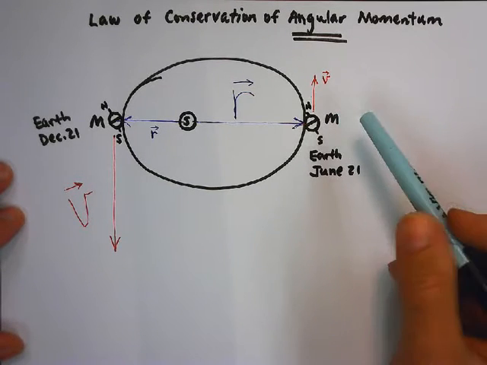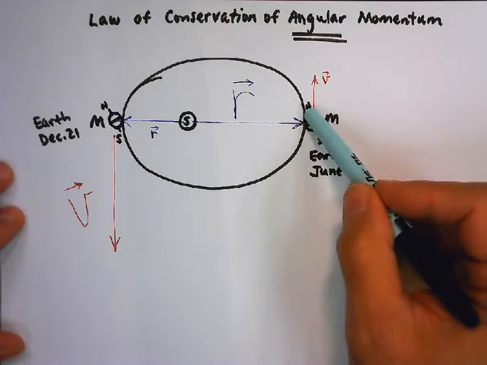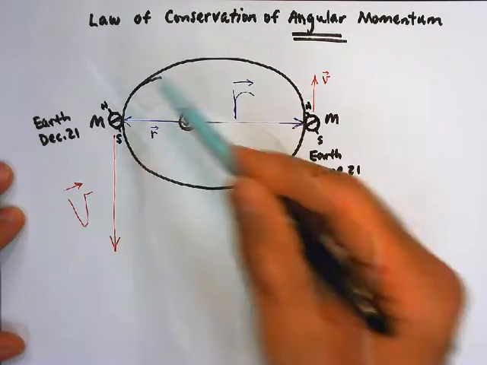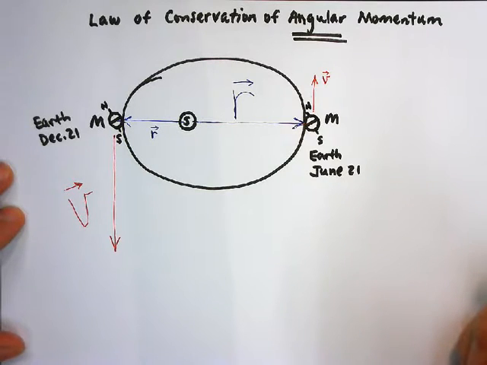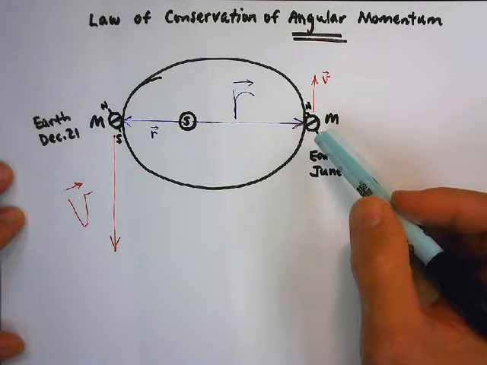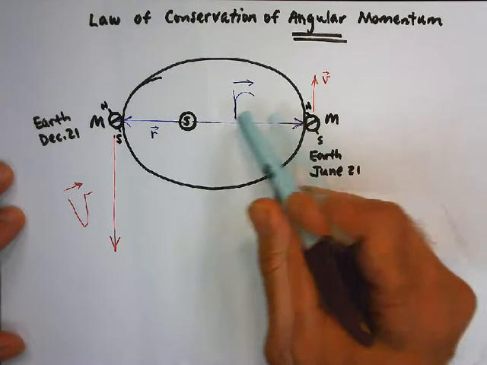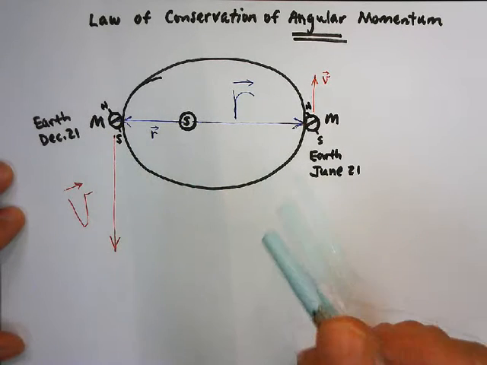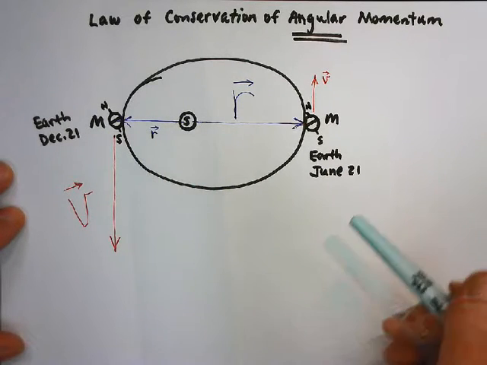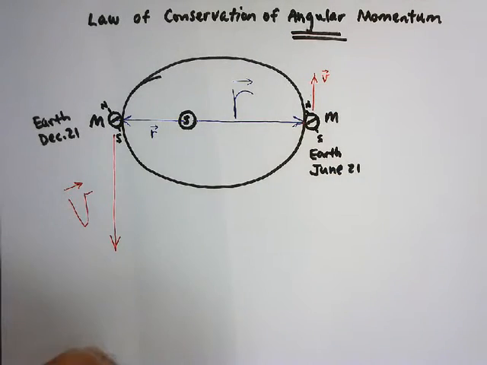You can see in the drawing here the Earth with mass m, its northern hemisphere pointed toward the upper left, toward the North Star Polaris. On June 21st, the Earth is a little bit farther away from the Sun than it is on December 21st, and it's going slower.